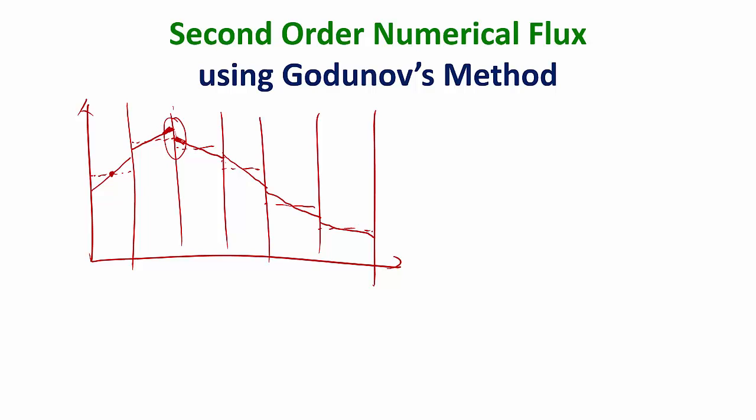Is that right? So a simple method is extrapolation. We have the volume average here, we have the volume average here. So why not extrapolate for this value here? Okay.